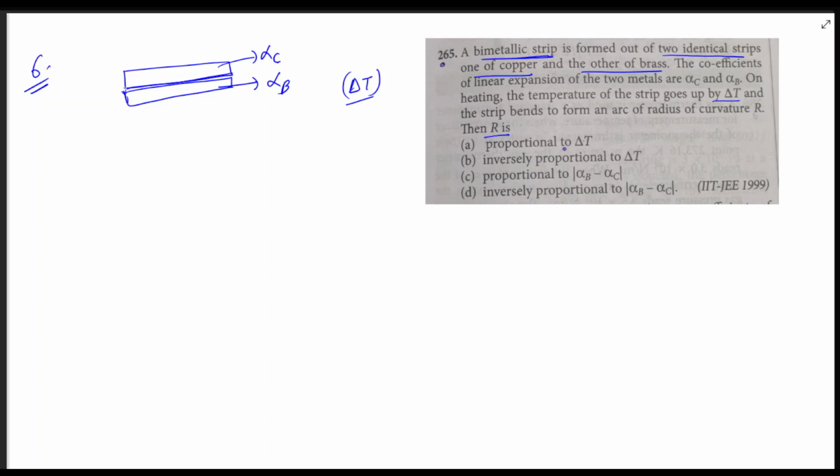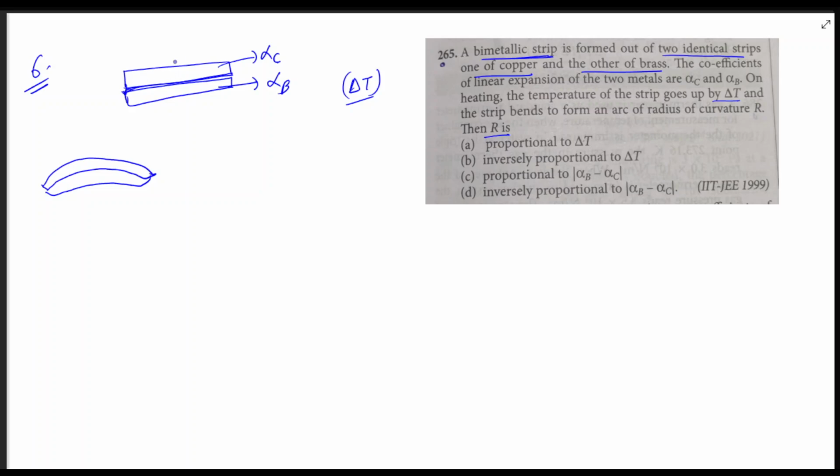So we have to find what R is proportional to. This is a simple case which you must have studied with the formula, but let's just derive it again. If it is bent like this, why will it bend like this? Because the change in length will be different.